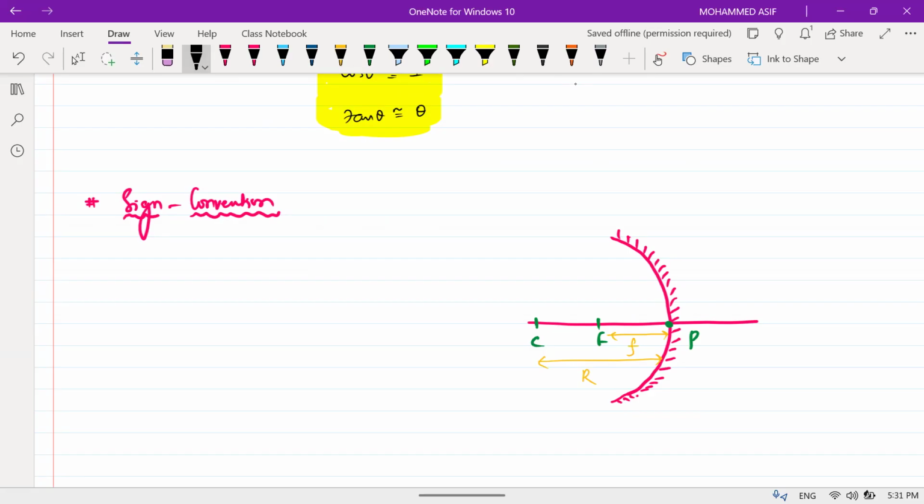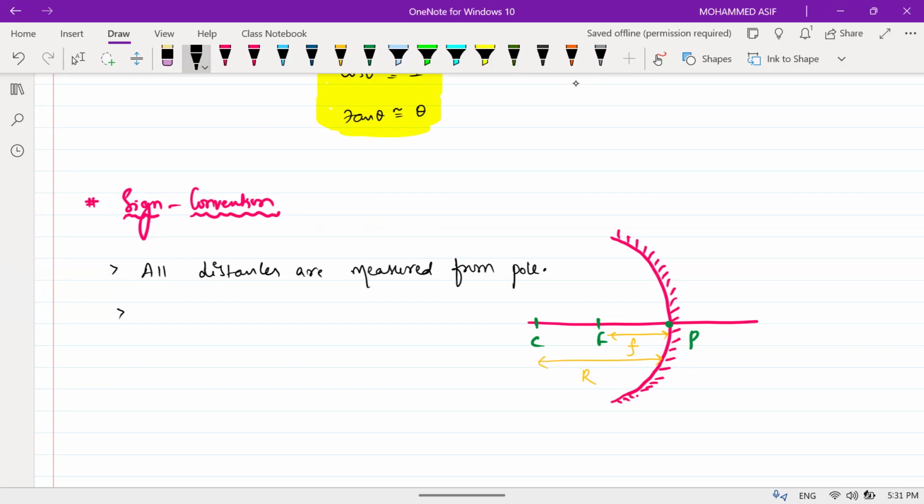Now look at the sign convention. First point, all the distances are measured from where? From the pole. All the distances are to be measured from the pole.